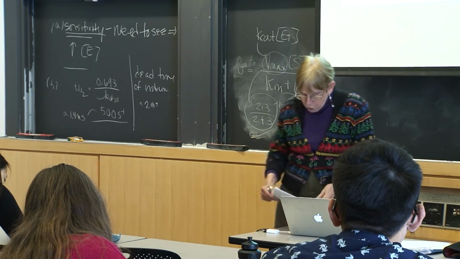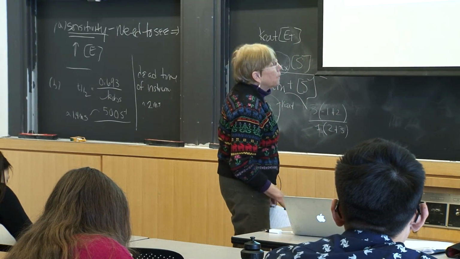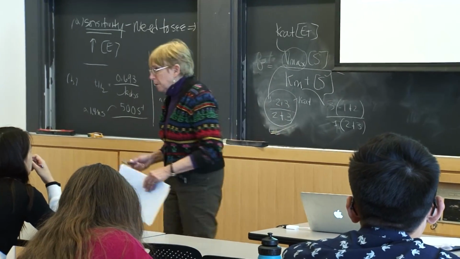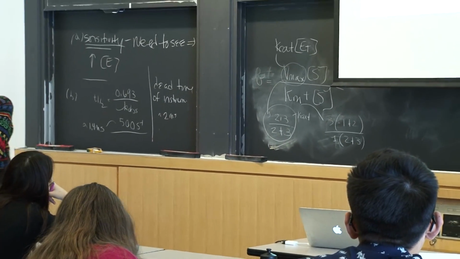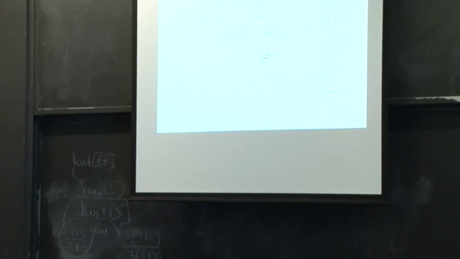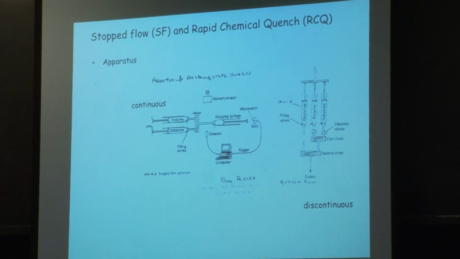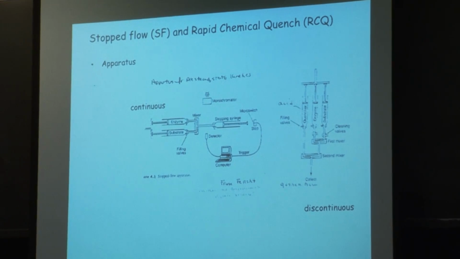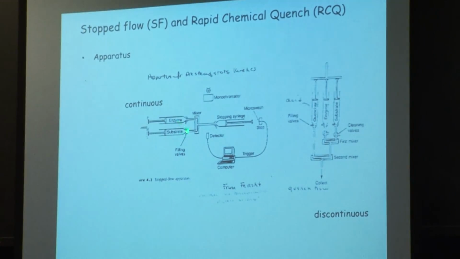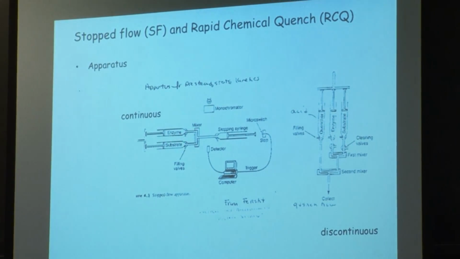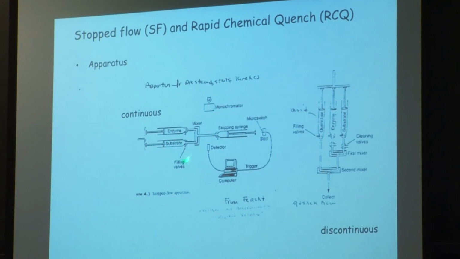Okay, so the methods that we're going to be using, Liz already introduced you to in class, not today, but the previous time. Since you can't pipette on the millisecond time scale by hand, you want an instrument that allows you to control the rate of reaction.